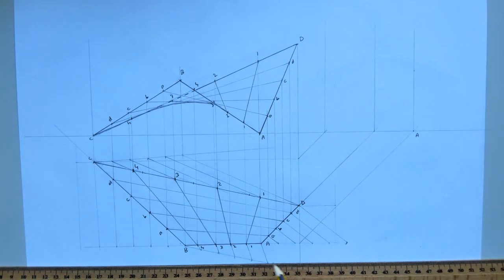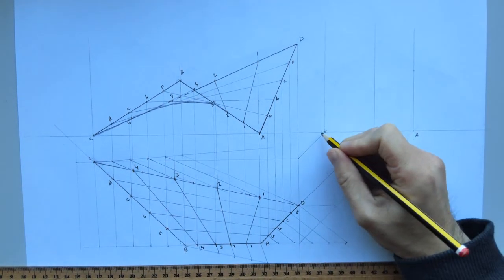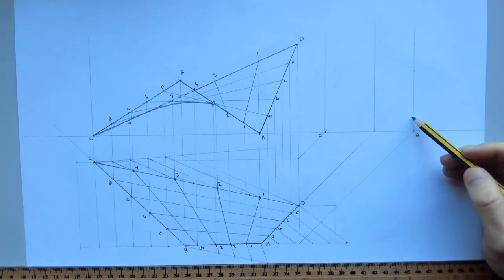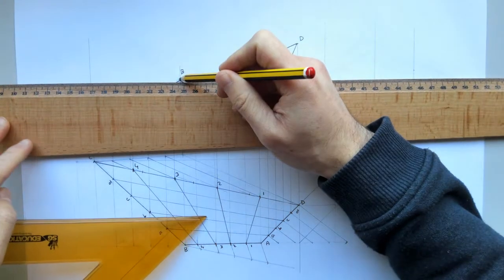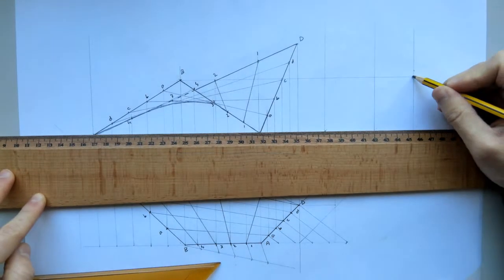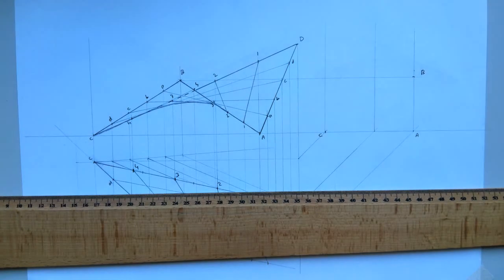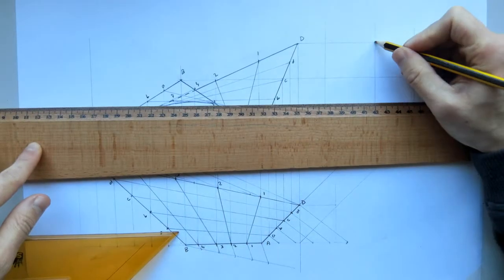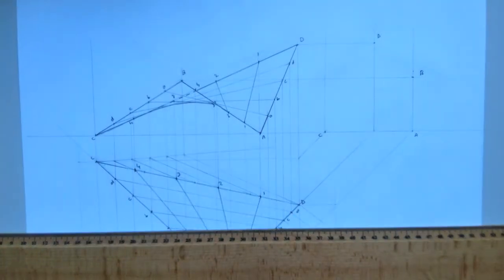There's A, and C is on the ground as well there, and then B, so the same line as A, B is up this side here, and then finally D is up that right there.